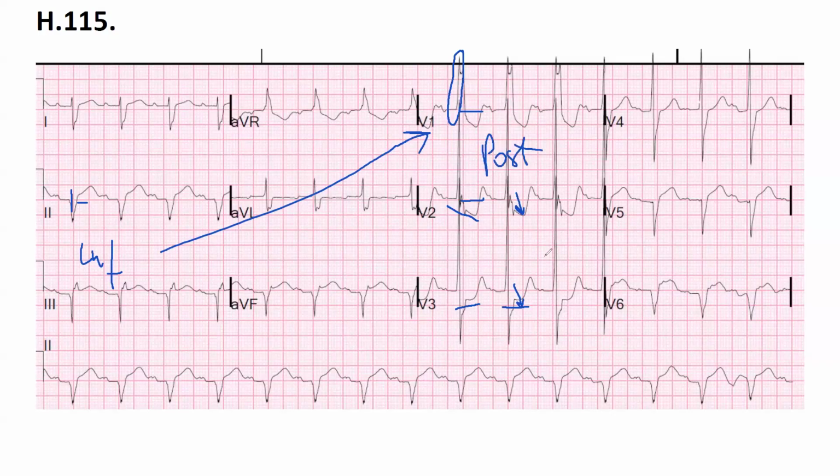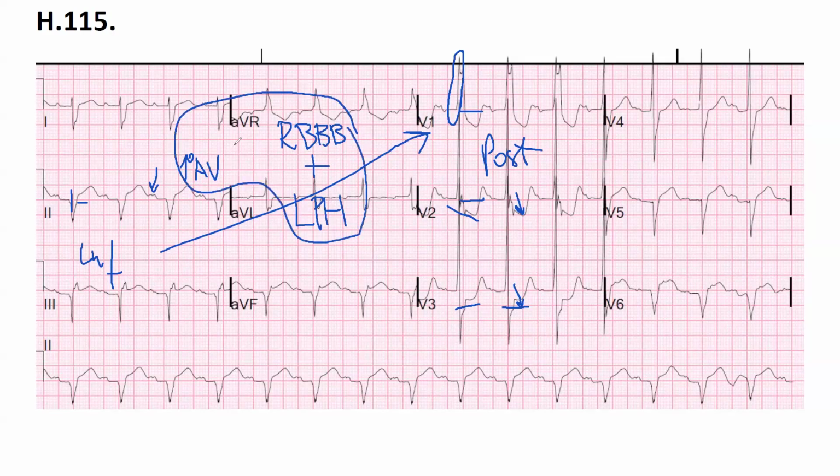Now let's summarize what we found. That's a sinus rhythm. We do have P mitrale. We do have first degree AV block. We do have a right bundle branch block, plus a left posterior hemiblock. So these together are a trifascicular block.